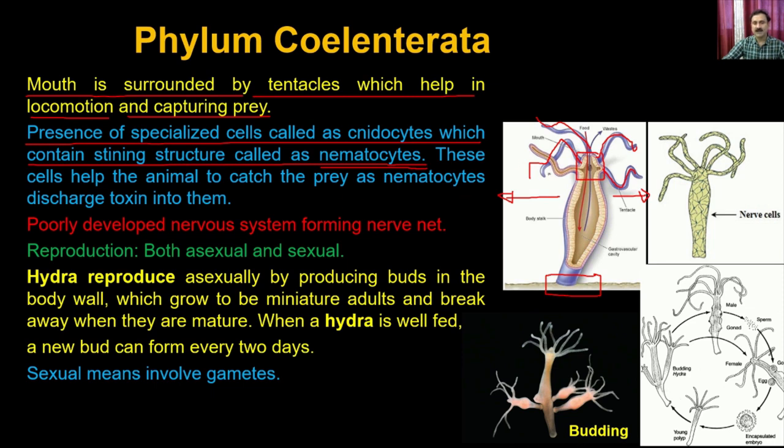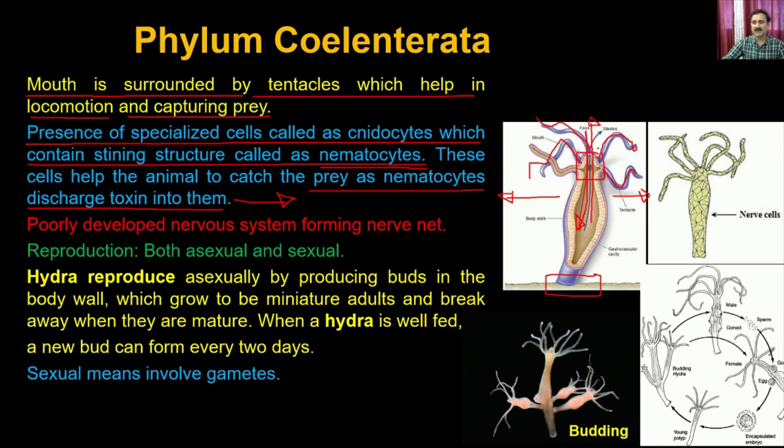Once the hydra catches a prey with the help of these tentacles, the nematocysts discharge the toxins, and that's how the prey is either going to die or not going to run away, and then the prey will enter into the body cavity, and it is going to be digested by the digestive enzymes present in this cavity, and ultimately the nutrients are going to be used by the hydra, whereas the toxic material is again going to be thrown out.